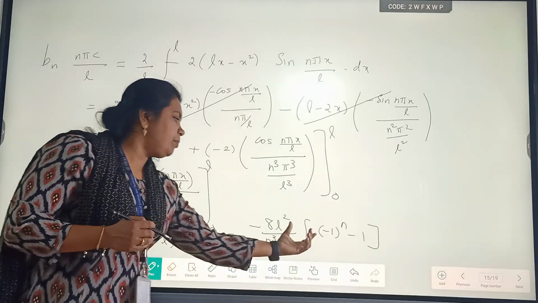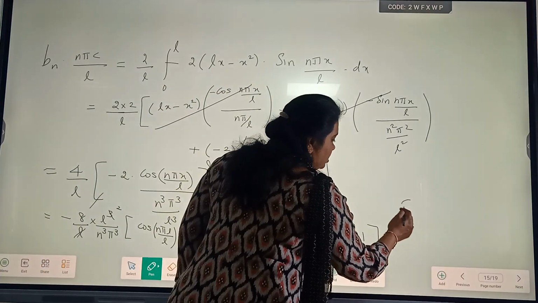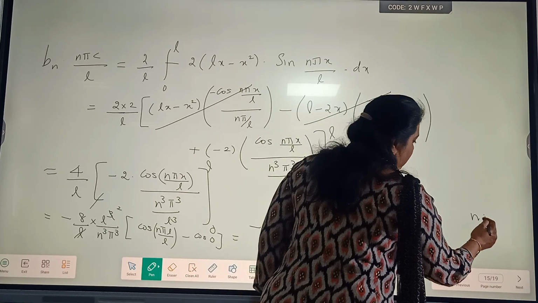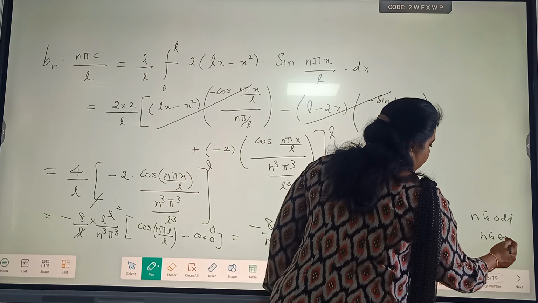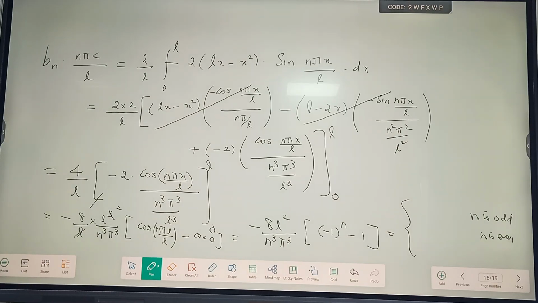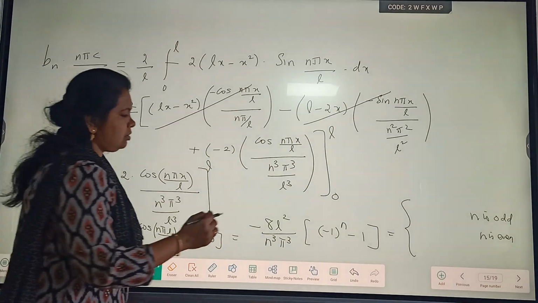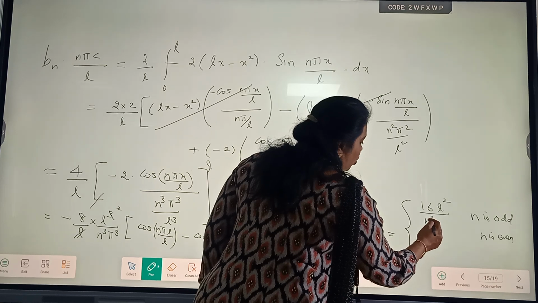Since we are getting a numerator of this form, we are going to consider odd and even n. When n is odd, what is the answer you are getting? 16 L square by n cube pi cube.